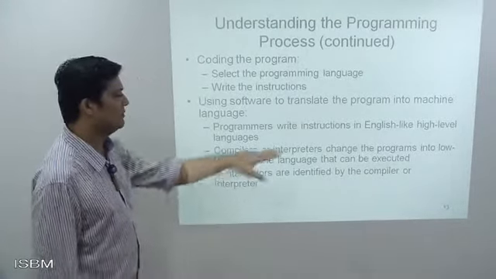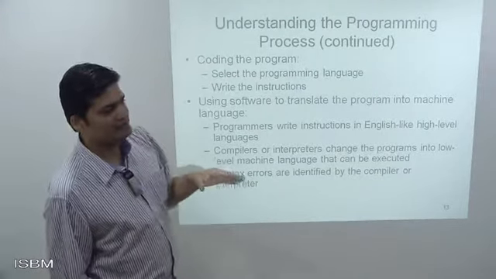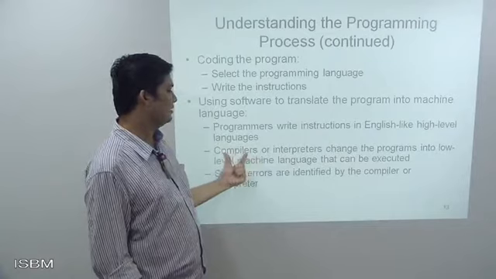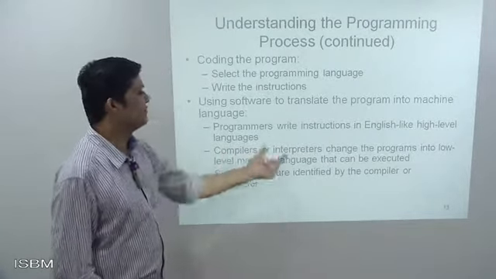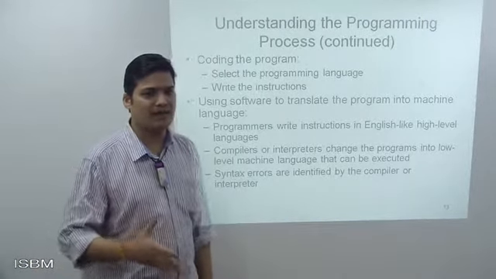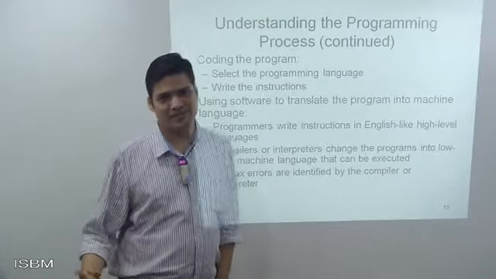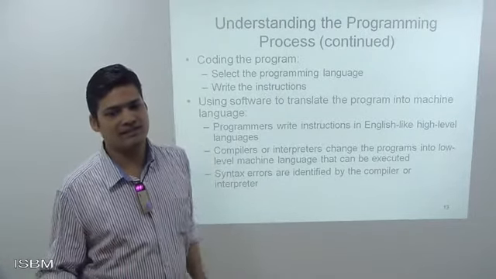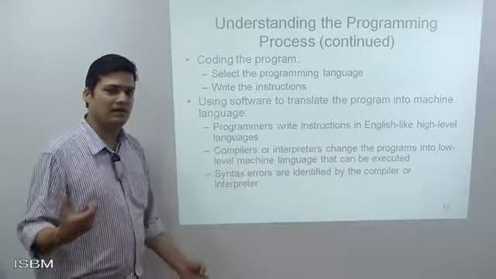The compiler or interpreter changes the program into machine-level language so it can be executed. These are the two heroes of the film, converting the programming language into machine-level language. Then the computer understands your language and gives you the output. So these are the two heroes of your project.